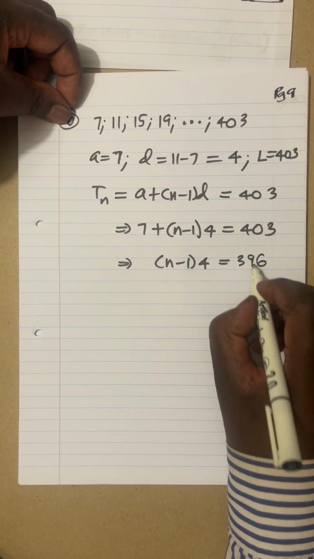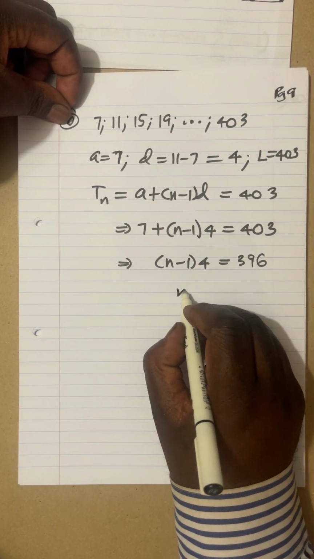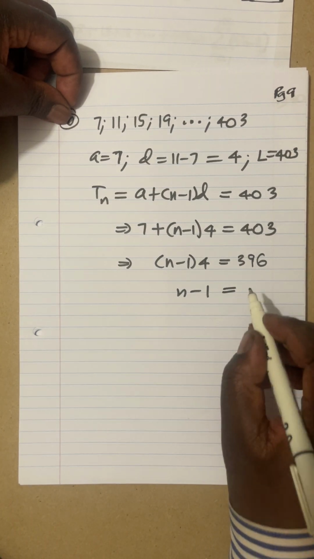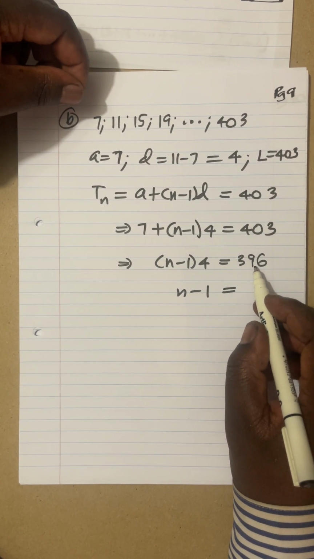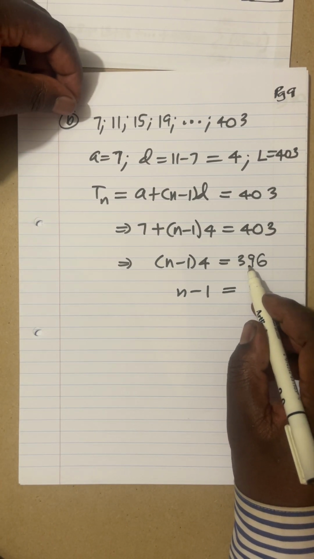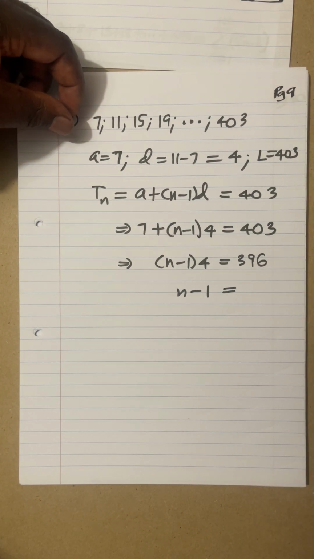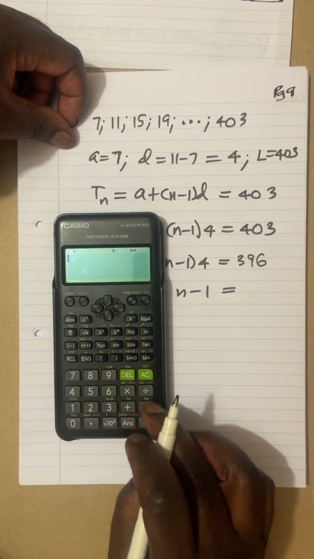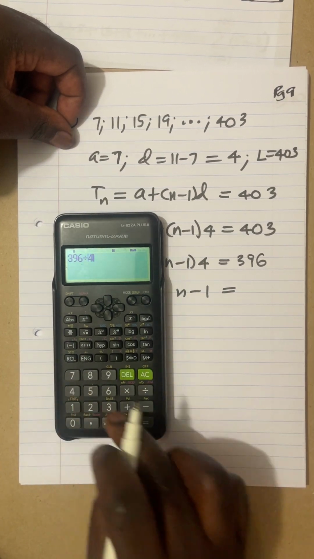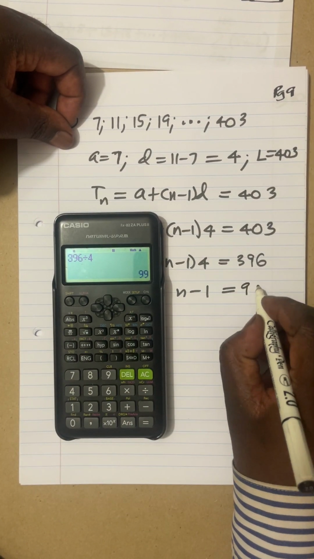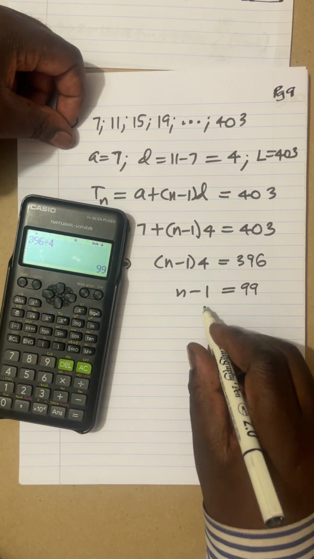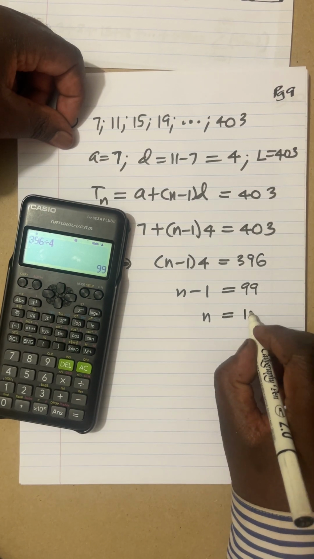Divide both sides by 4. You're going to get n minus 1 equals 396 divided by 4. That's 99, so let's check: 396 divided by 4, 99, correct. And then add 1 to both sides. You're going to get n equals 100.